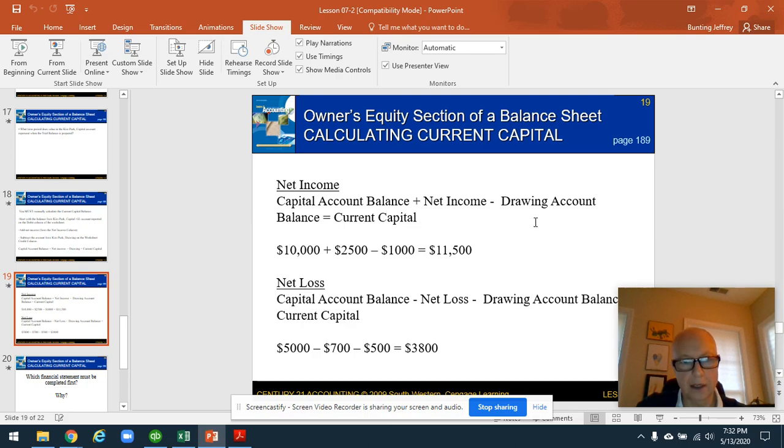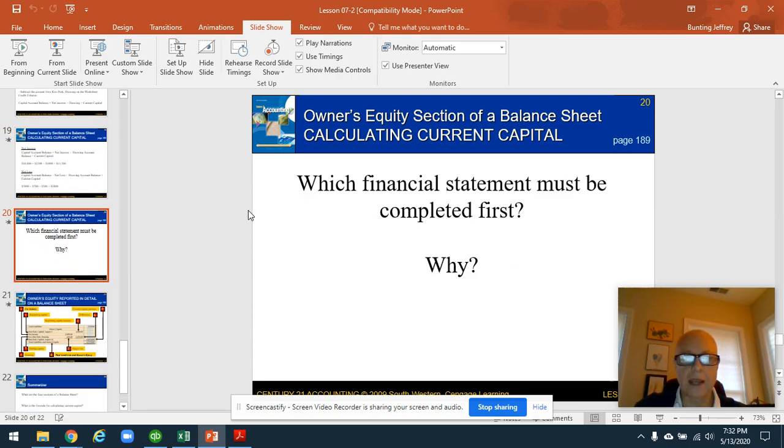Don't forget drawing. So if we got 10,000 and 2,500 income and we've taken out $1,000, that leaves a net of $11,500. That's our current capital. That's what we enter into the owner's equity section. Okay, so which one we got to do first? Well, we've got to do the income statement. Why? Because we need to know what net income is.